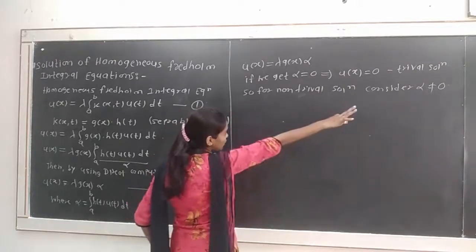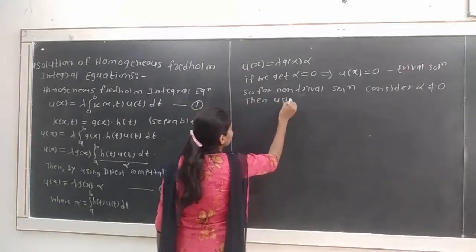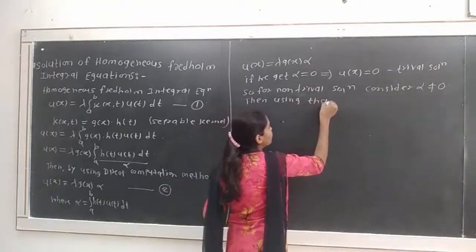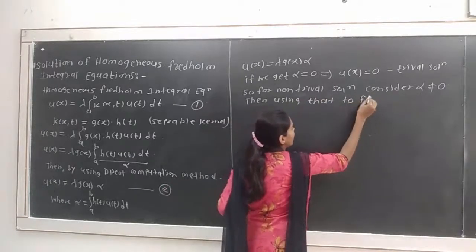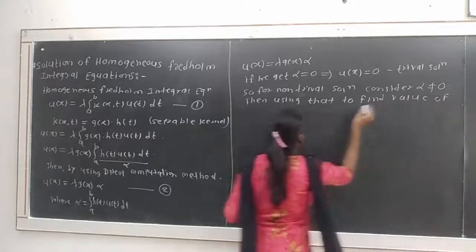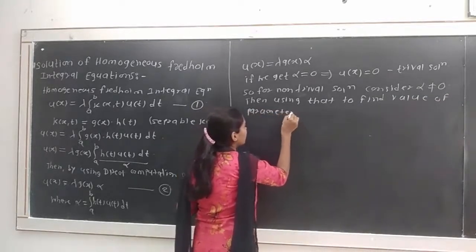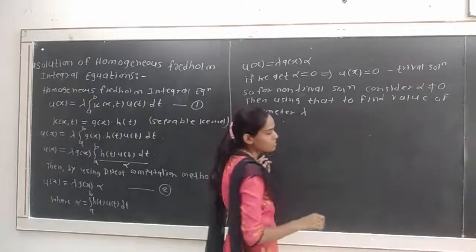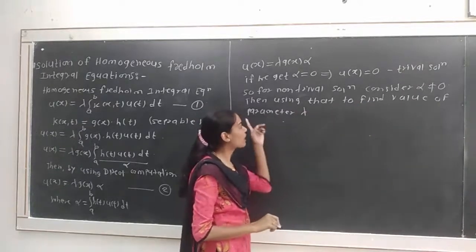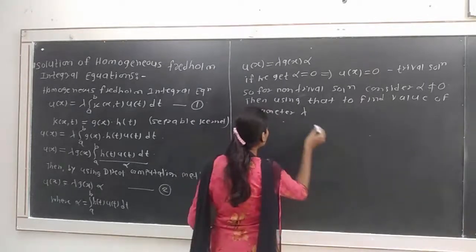If we consider alpha not equal to 0, then we use that condition to find the value of the parameter lambda, that is the eigenvalue.